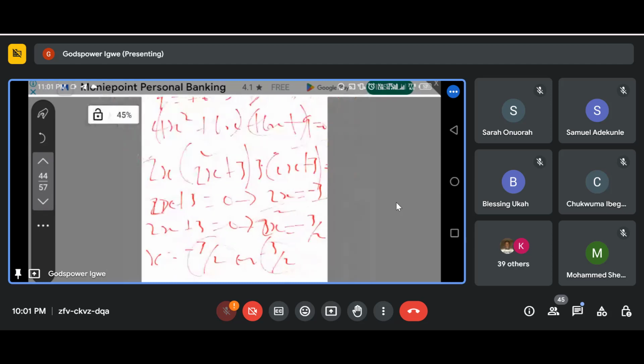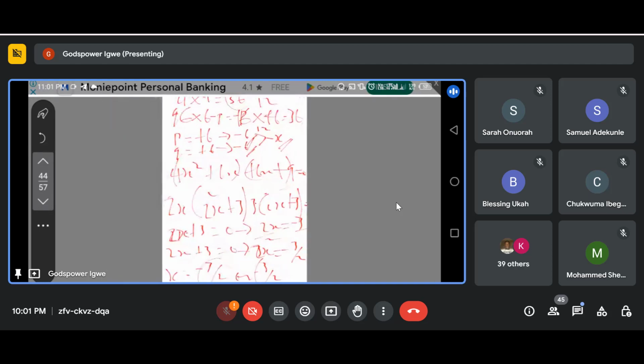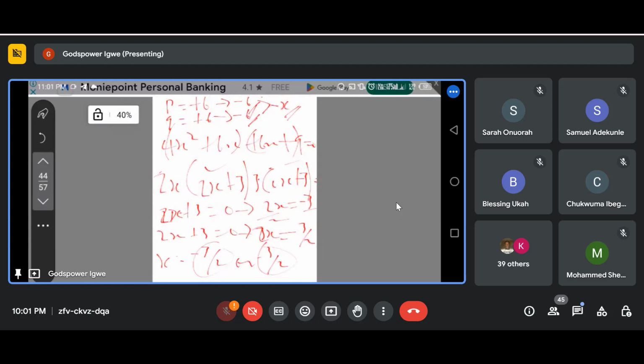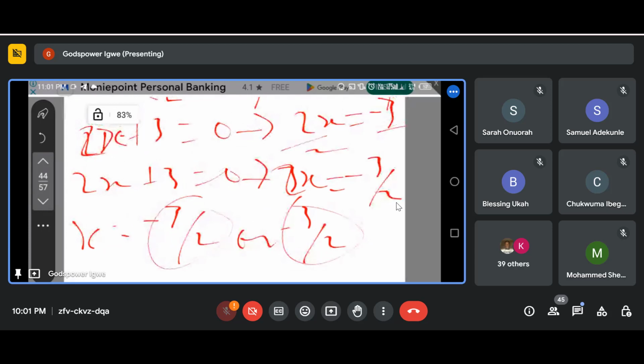Okay, so that one will say 4 times x is 4 times x. So if you add the times 4 here, this will give you minus 12 all over 2, and then minus 12 all over 2.